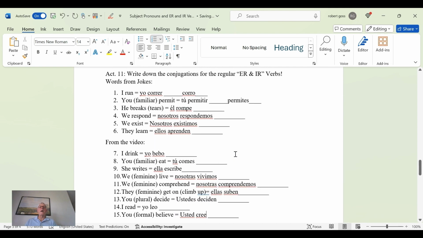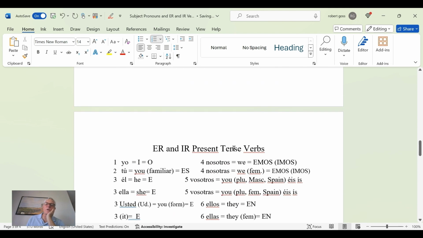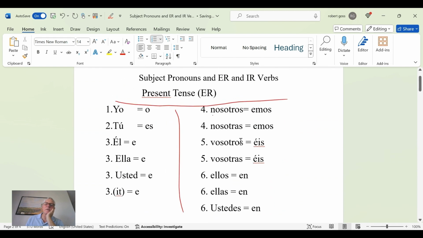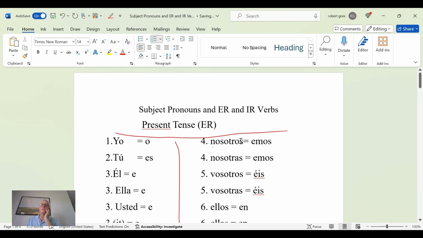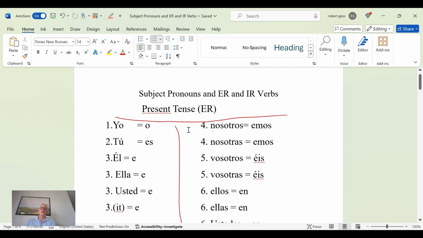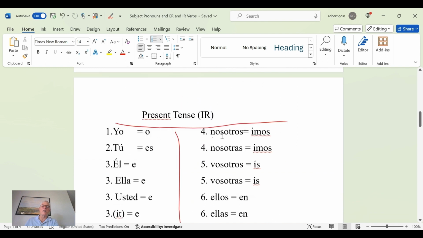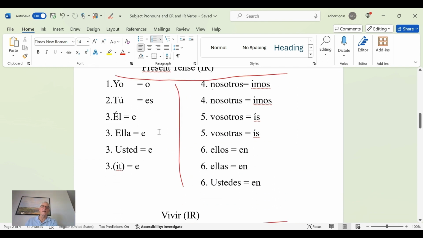Well, let's go back and do a really quick review before we end our video. We've talked about two different types of verbs in Spanish. Verbs that end in ER, verbs that end in IR. We said if a verb ends in ER, the endings are O, as, a, emos, es, en. If the verb ends in IR, the endings are O, as, a, imos, is, en.